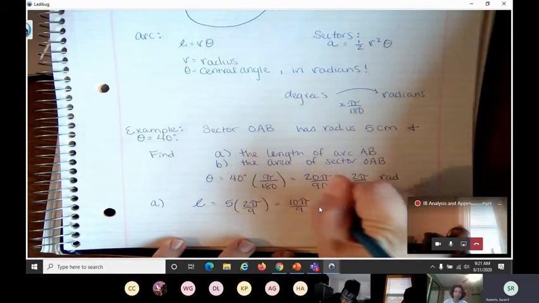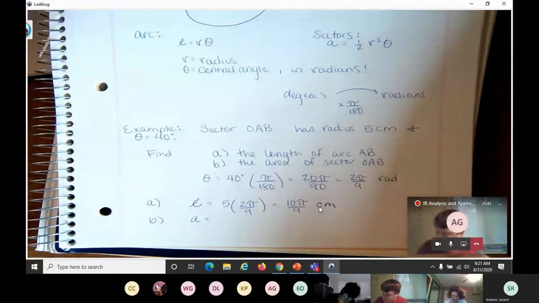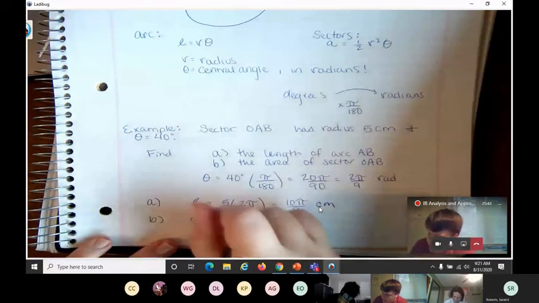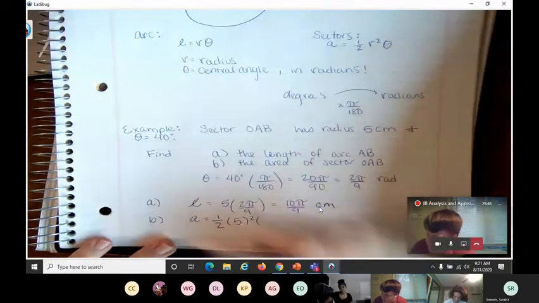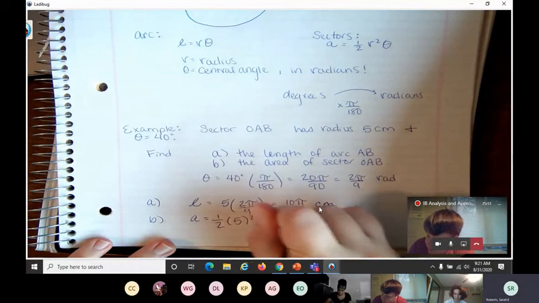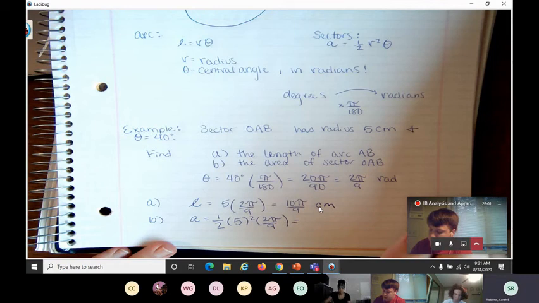Good. Okay. And then part B, Heath, we're looking for the area of sector OAB. So using our area formula, what am I going to write down? 1/2 times 5 squared, and then multiply that by 2 pi over 9. Very good. And when I write out my final answer, what am I going to have? Well, hold on.